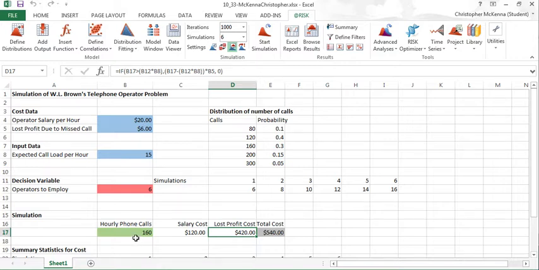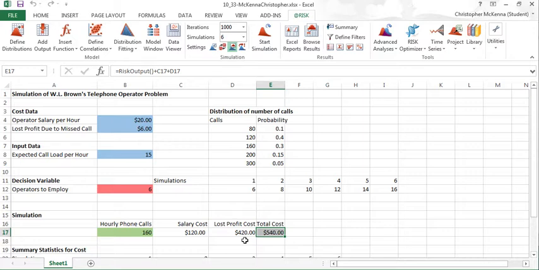However, if the hourly phone calls is smaller than the calls that can be handled by the number of operators on hand, then that lost profit cost will be 0. And then our total cost, which will be our risk output, is simply the salary cost plus the lost profit cost.